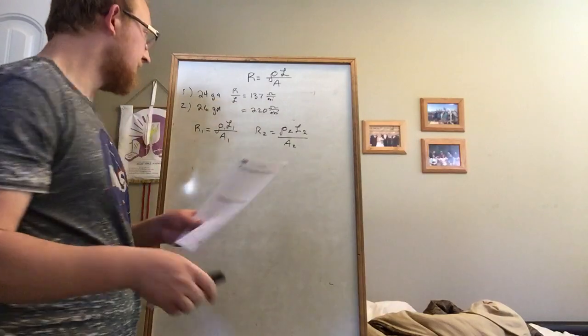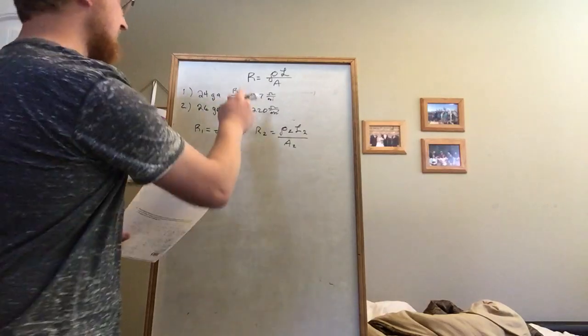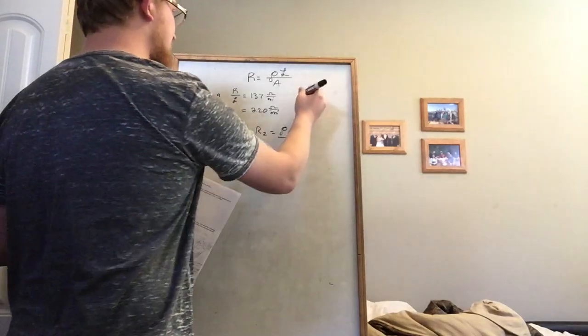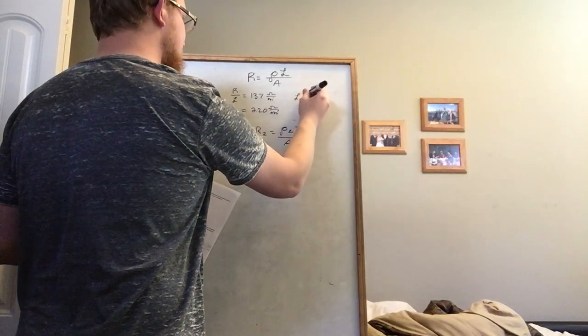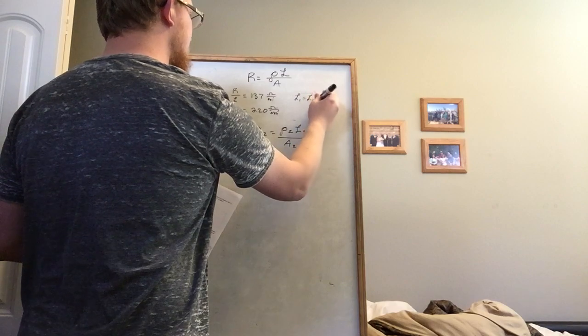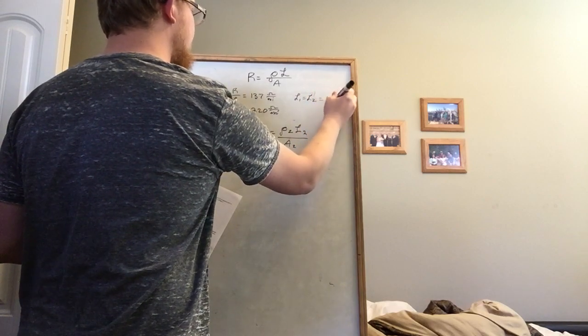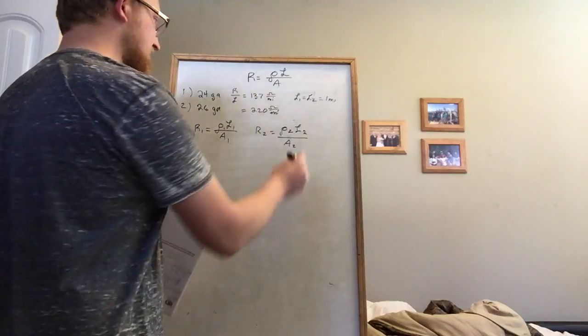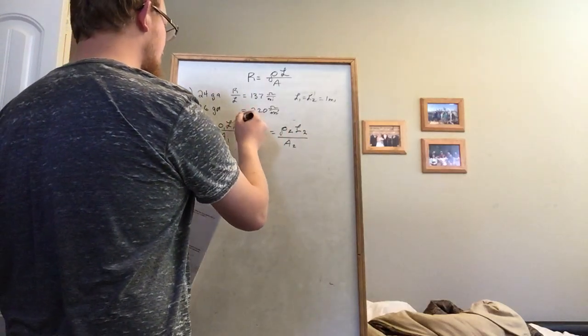One thing to notice right away is because these are resistances per mile, we can just decide that L1 is going to equal L2, which is going to equal 1 mile. And that's going to save us a lot of trouble. So essentially for L1 and L2, those are just going to be 1.